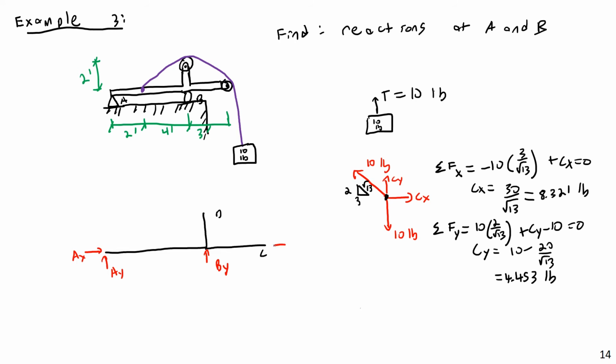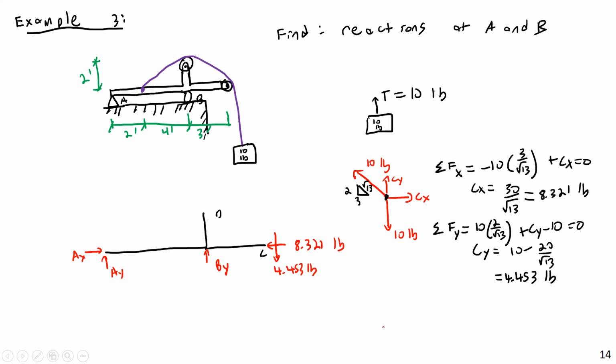So I can just replace that force generated by the rope with 8.321 pounds to the left, and not an upward force, but a downward force of 4.453 pounds.